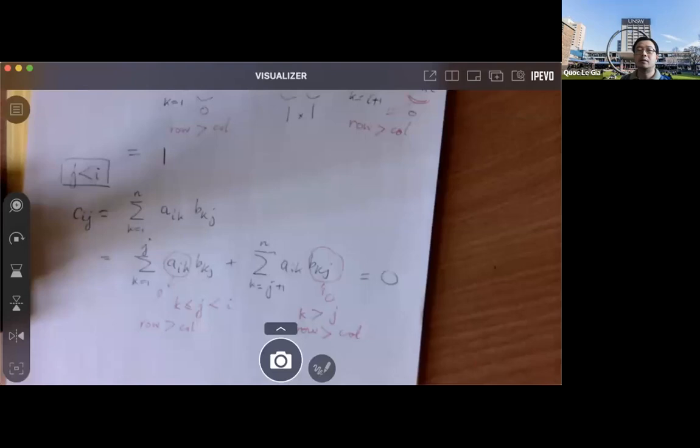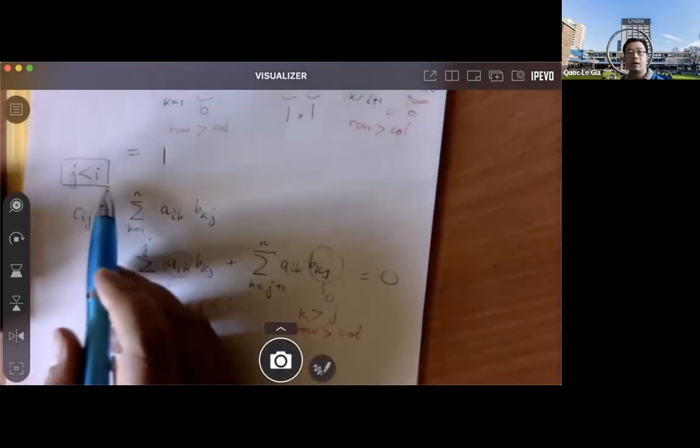Now the hard part is the other part of the matrix. So now what happens if I is less than J? The previous case was J less than I, right?